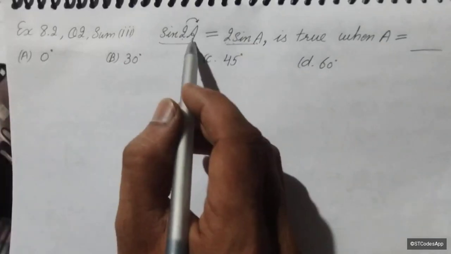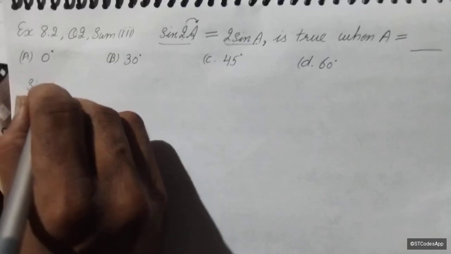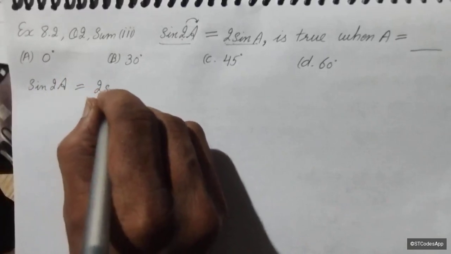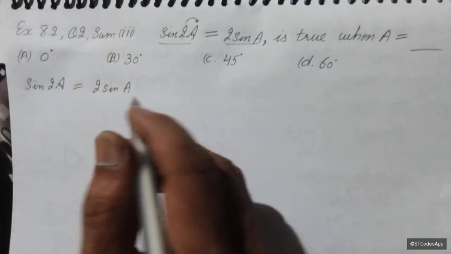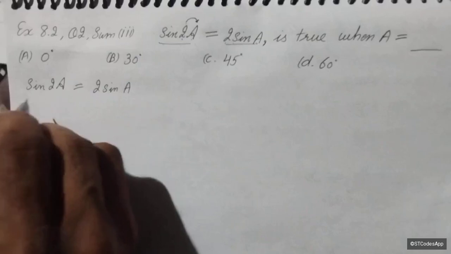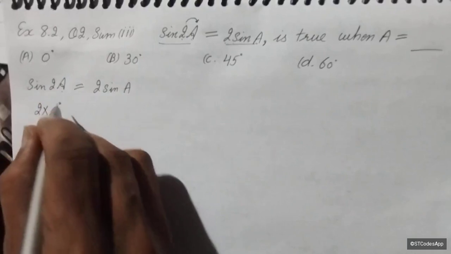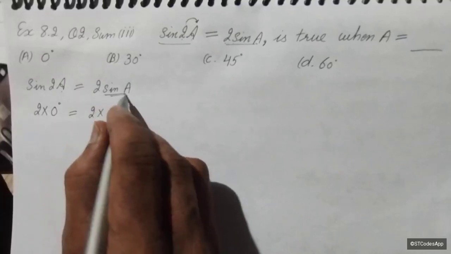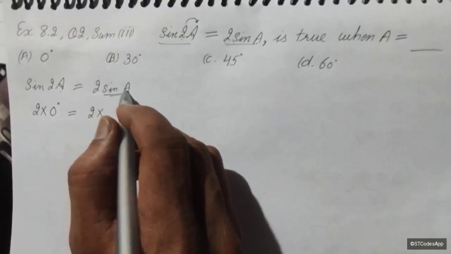Suppose angle a is 0 degree. Sine 2a is equal to 2 sine a. First we choose 0, so we write 2 multiplied by the angle, 0 degree, is equal to 2 multiplied by the value of sine 0 degree.